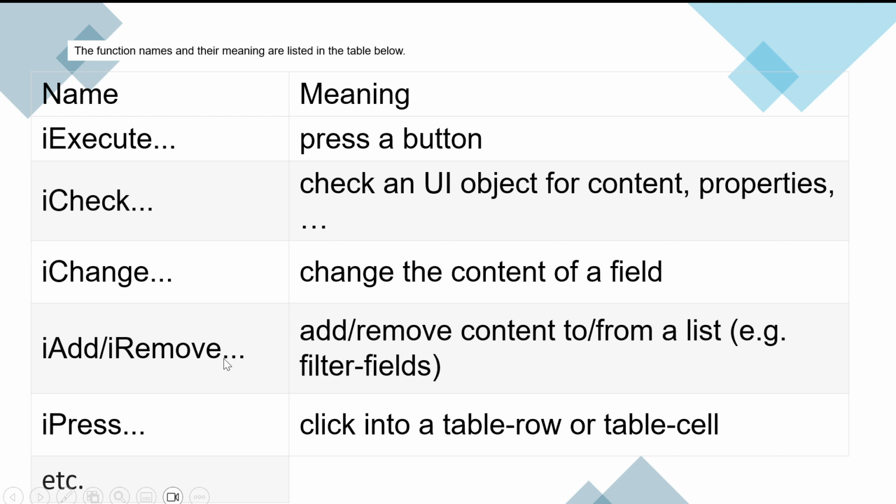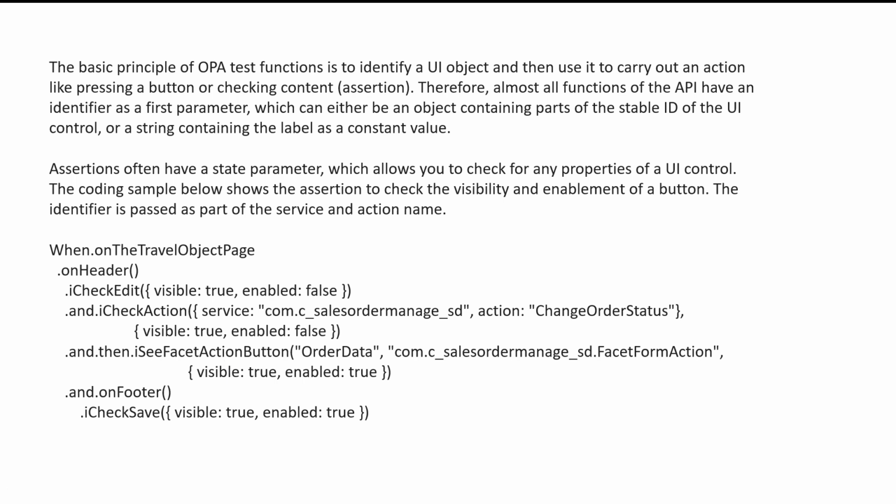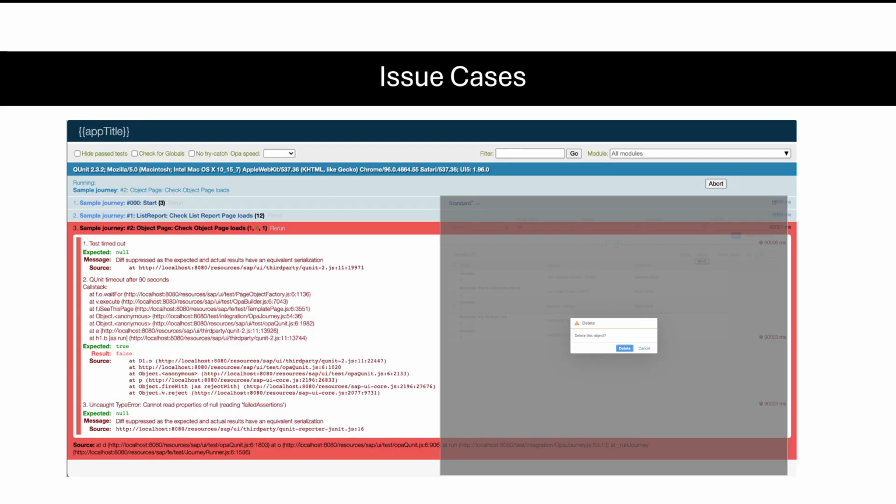These are some of the function names we are going to use. Next, here you can see the basic structure of how it looks. When on the travel object page, this is our view name, dot, whatever actions you want to perform. So we are going to work with all these now.